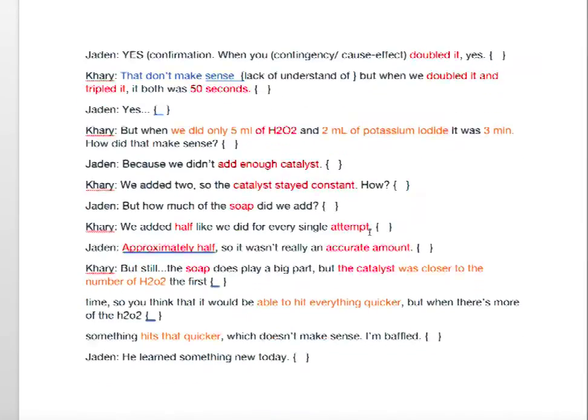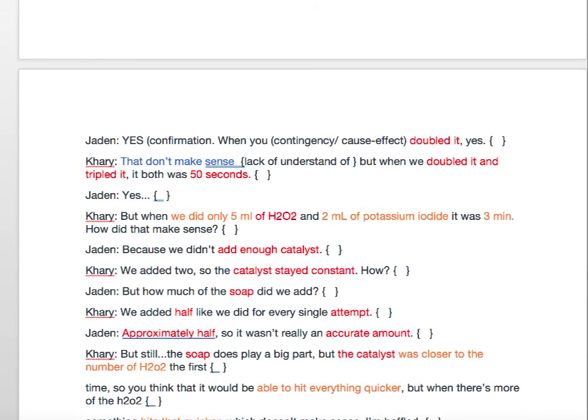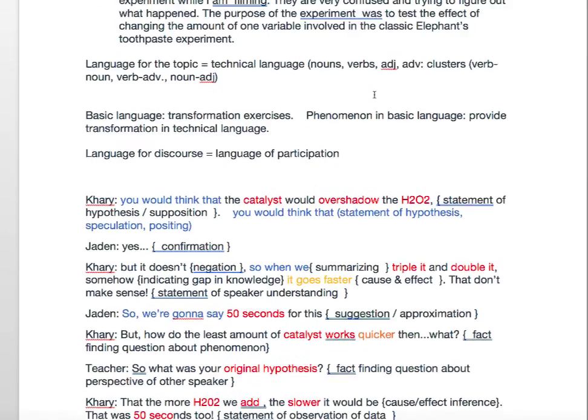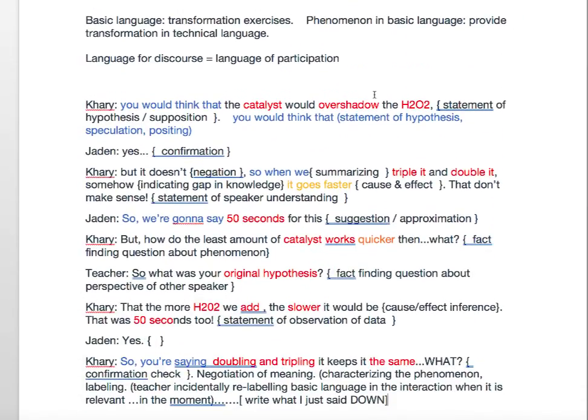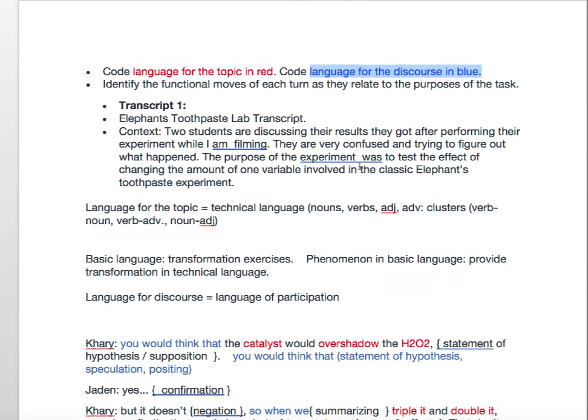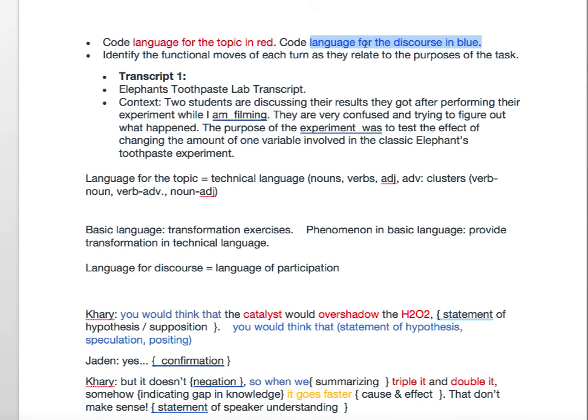Okay. All right. Now I could carry on, but I think this video has gone on for long enough. I hope this helps you understand the process a little bit more. Identifying language of the topic, awesome, but also seeing the value for language in the discourse and understanding that that language for the discourse is connected to the purpose of the task.